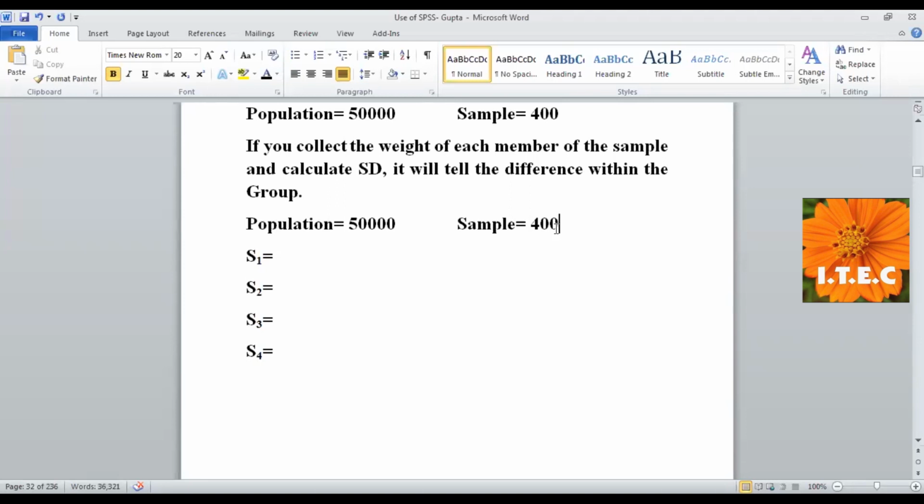And if you take the weight of the 400 people and you have the mean, you can calculate the mean of the weight and you will have M1.